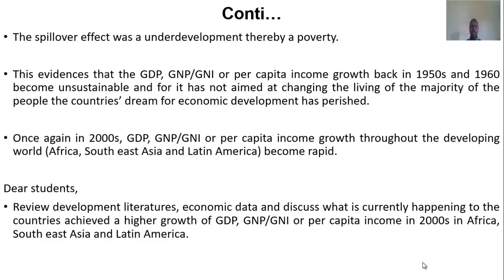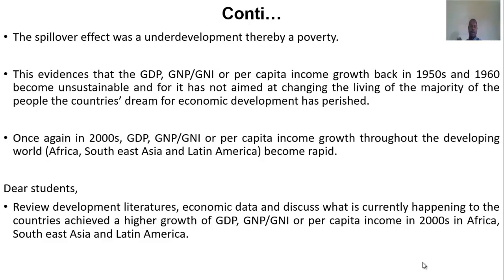Therefore, in the 1980s and 1990s, people in the developing world faced many challenges. This is evidence that GDP, GNP or GNI, or per capita income growth back in the 1950s and 1960s was unsustainable, because it had not aimed at changing the living of the vast majority of the people.